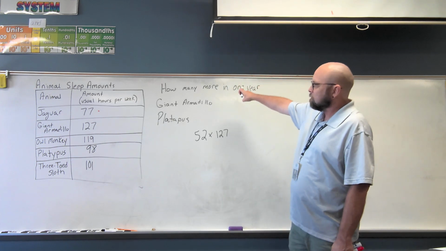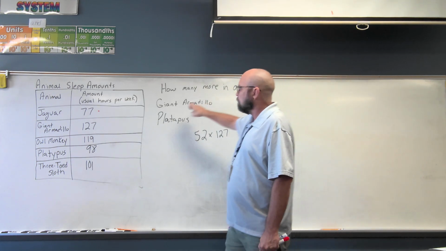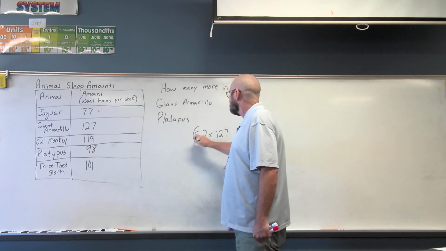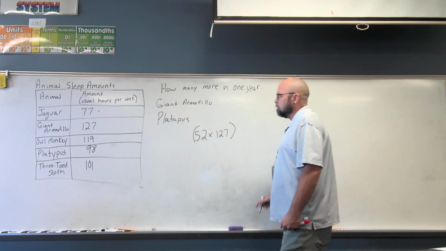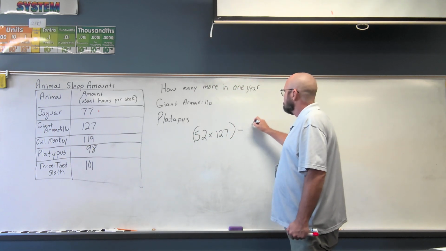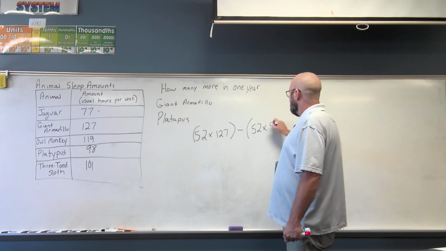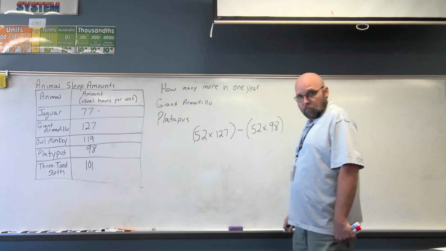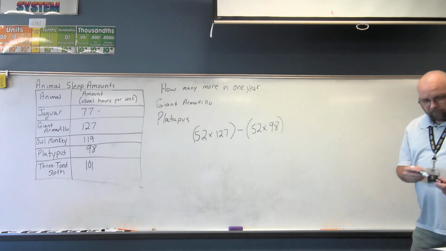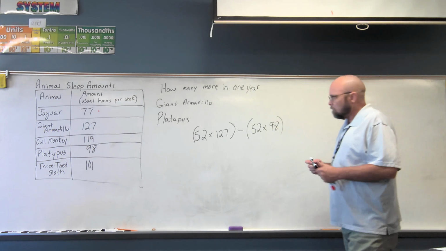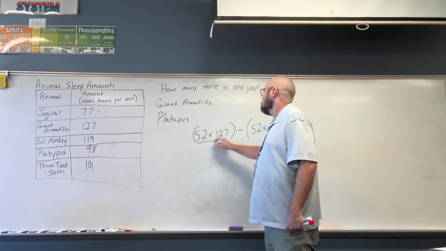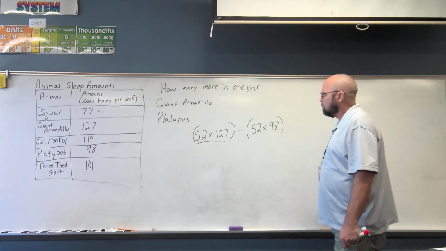So we know that it gets more than the platypus. The platypus would be 52 weeks times 98 hours per week. And then we would just have to solve these, and I'm not going to do it. I'm going to let you do that math.